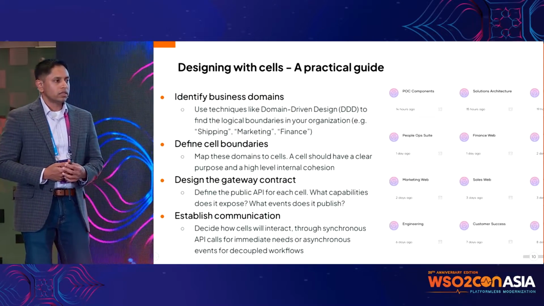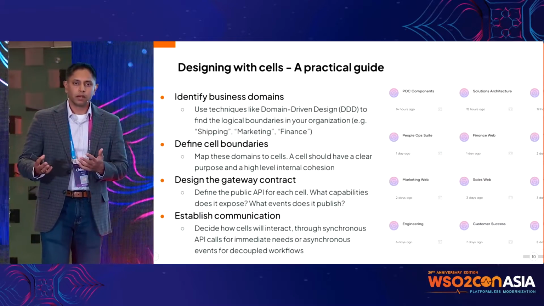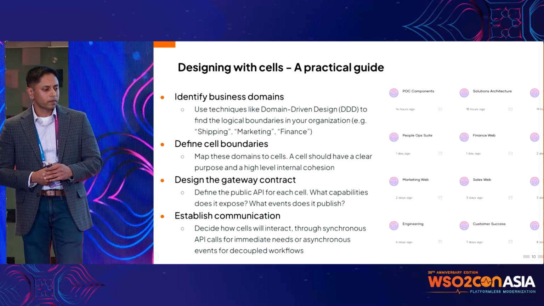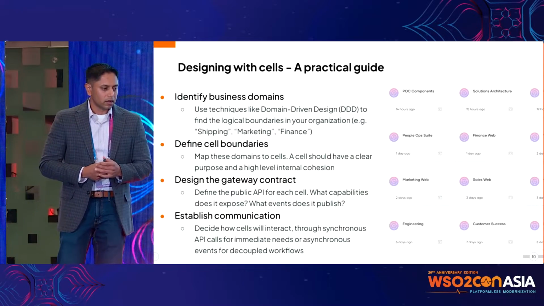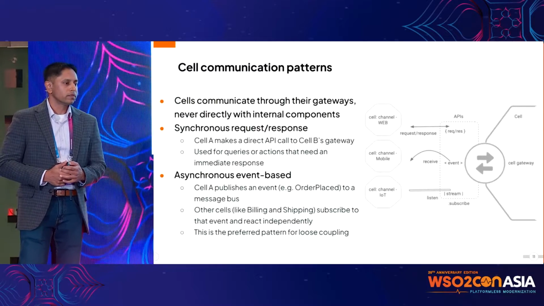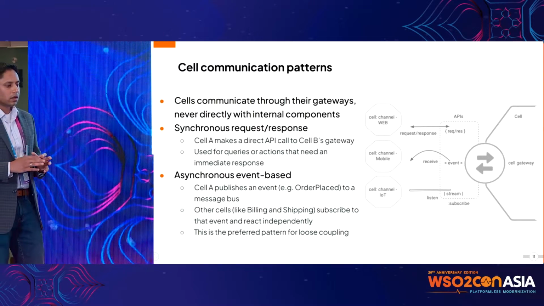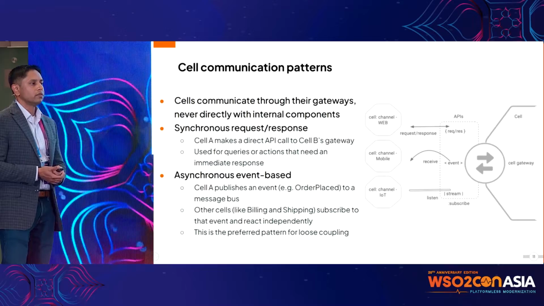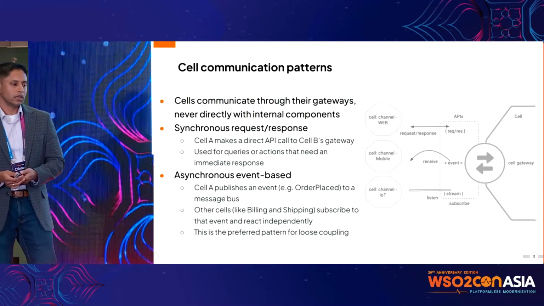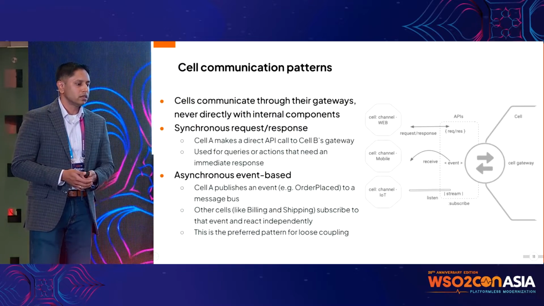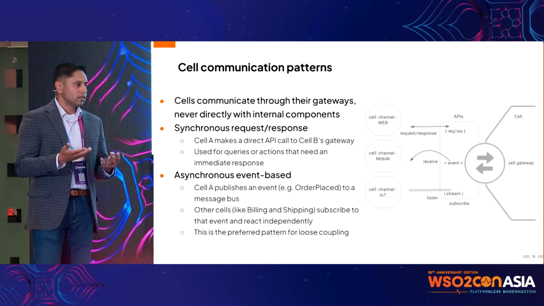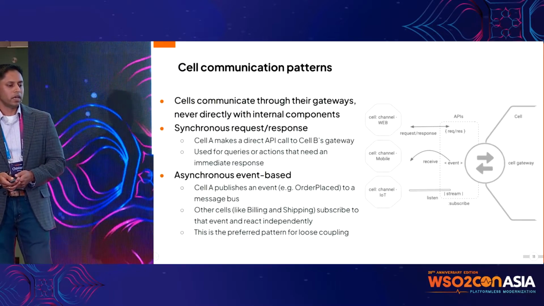And of course, you need to establish a communication pattern between cells when one cell needs to talk to another cell. There are several interaction patterns that we can use, defined in this reference architecture for how one cell should communicate to other cells. First is synchronous request-response. That's your standard HTTP API calls.